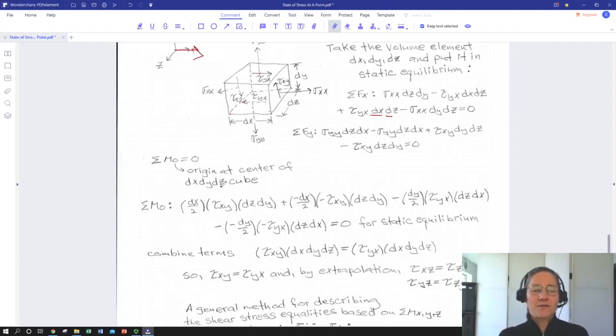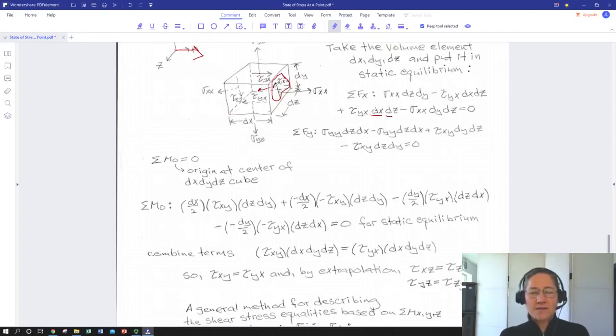So if I look at, for instance, the moment due to tau xy, so that's this guy. Here's tau xy. It's on the x face, acting in the y direction. So I would multiply it by dy times dz to get a force acting on the x face in the y direction, and then multiply it by the radius vector from the origin to that face, which is dx over 2, because we have a dimension of dx, and so the origin's in the middle.